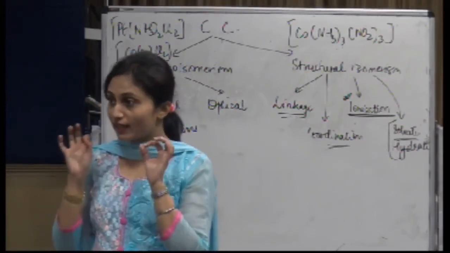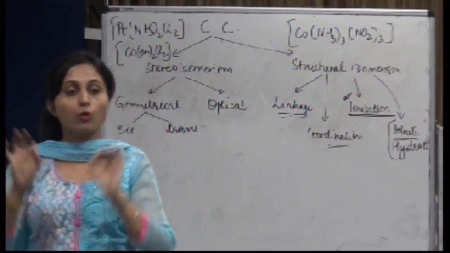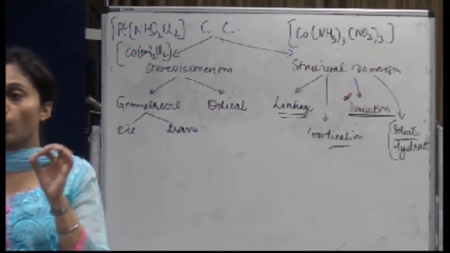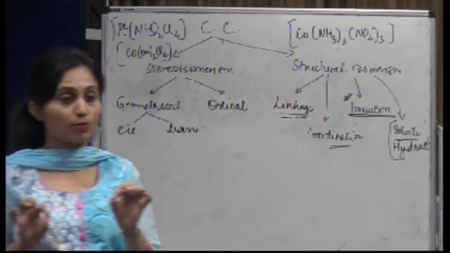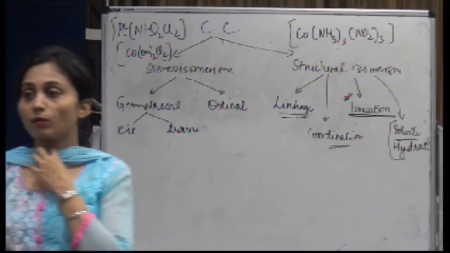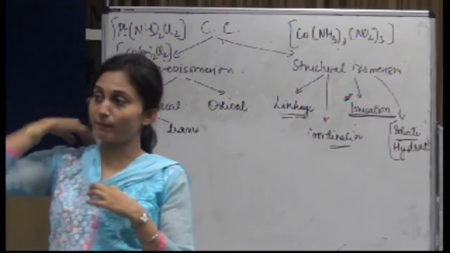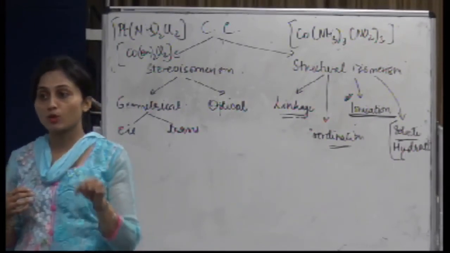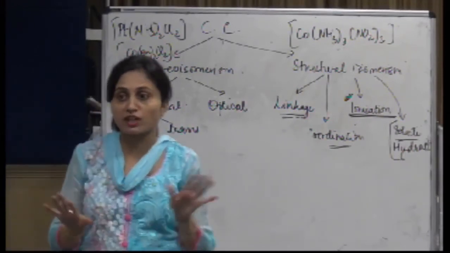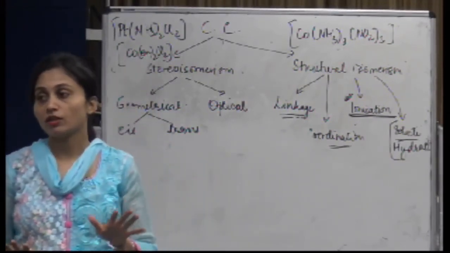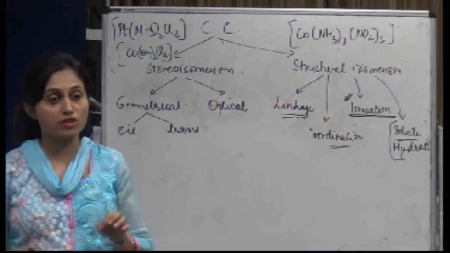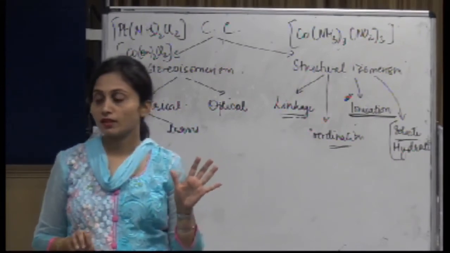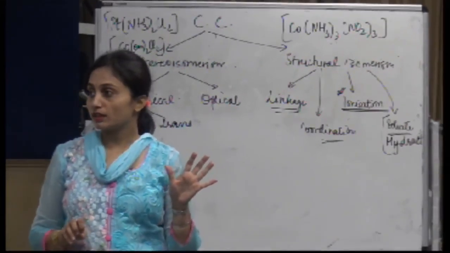Your one important essential criteria that you all can write down is that your optical isomerism will only be shown by that compound which shows a non-superimposable, मतलब वो superimpose नहीं होनी चाहिए, same नहीं होनी चाहिए, non-superimposable mirror image. ठीक है? Clear with this?